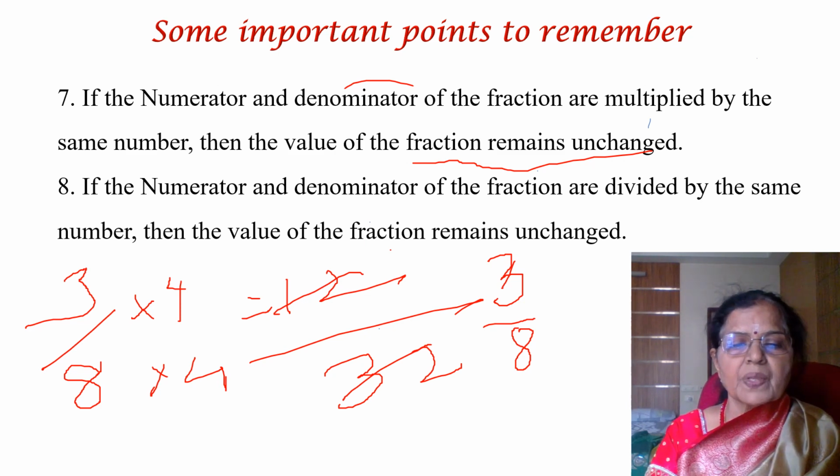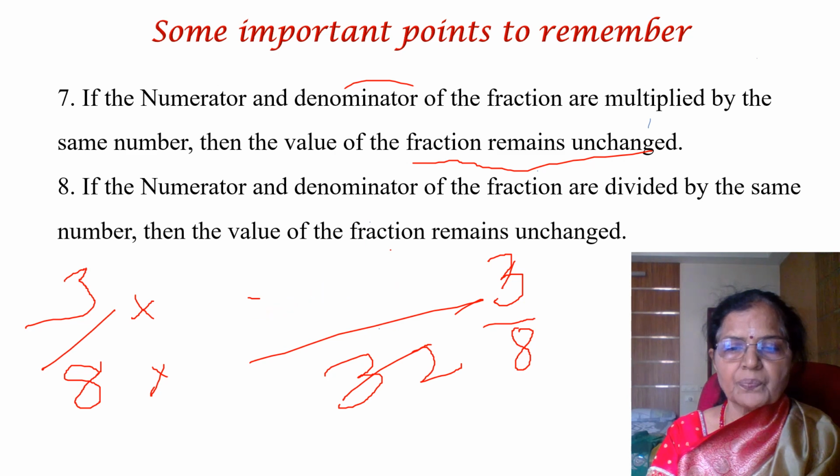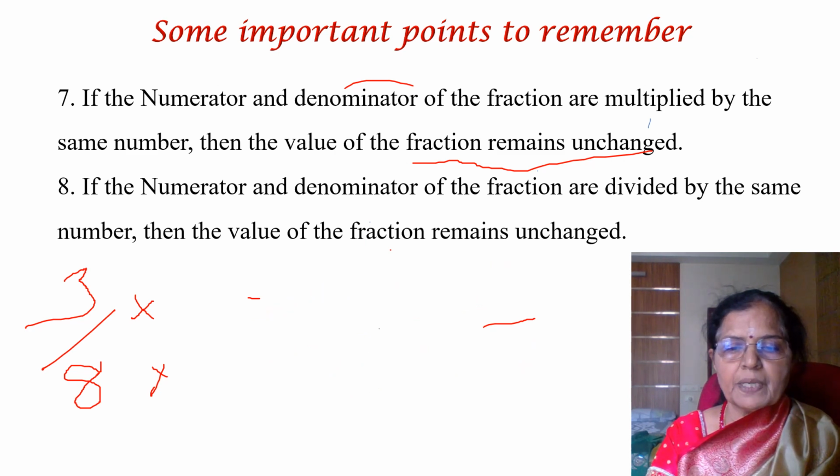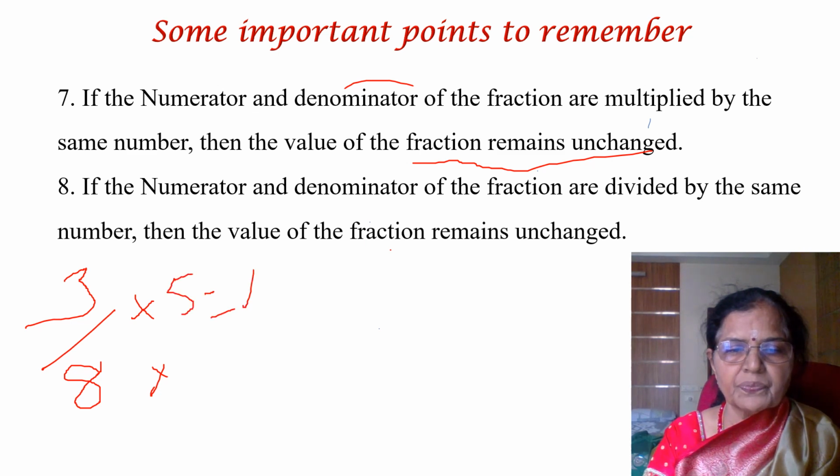Okay. And you can do this with another number. Instead of 4, we will multiply both the numerator and the denominator with the number 5. 3 into 5 is equal to 15 and 8 into 5 is equal to 40.